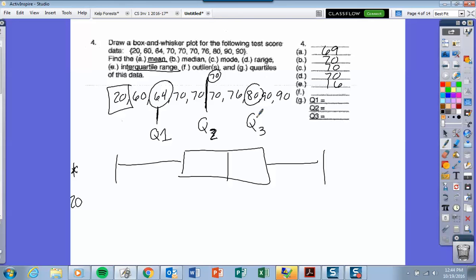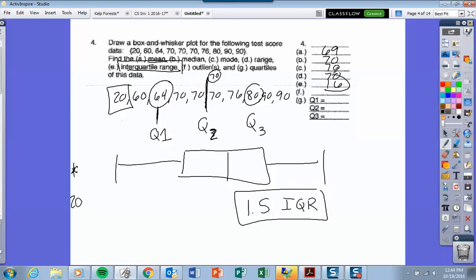I know that this 20 is an outlier because of how far out it is in comparison to the interquartile range. So if a number is 1.5 times the interquartile range beyond the quartiles, it's an outlier.